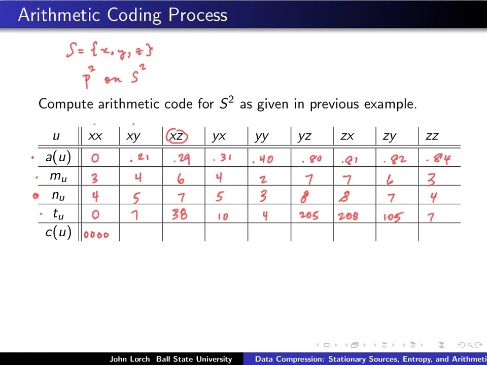Okay, now, next we have the code word for xy. So I want a binary representation of 7 that is of length 5. So that would be 0, 0, 1, 1, 1. Next, I want a binary representation of 38 of length 7. So that's going to be 0, 1, 0, 0, 1, 1, 0.